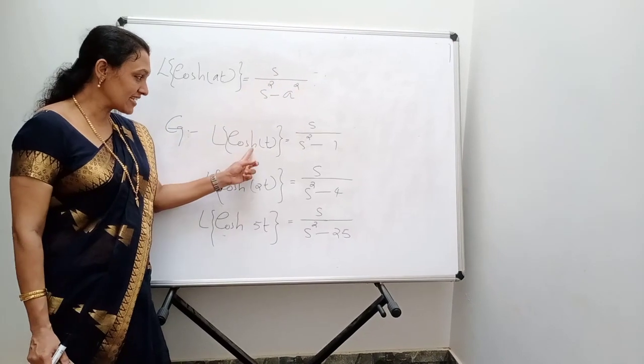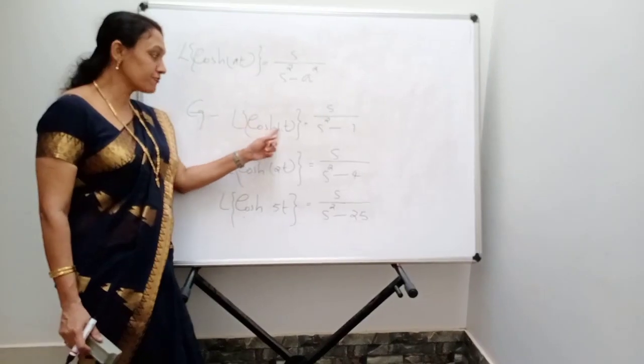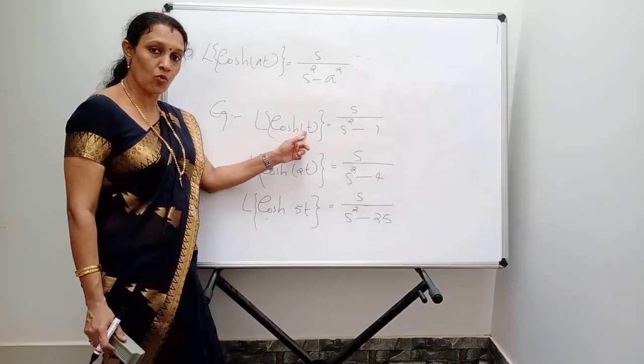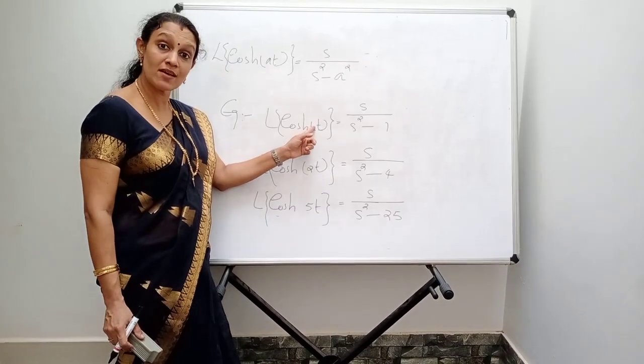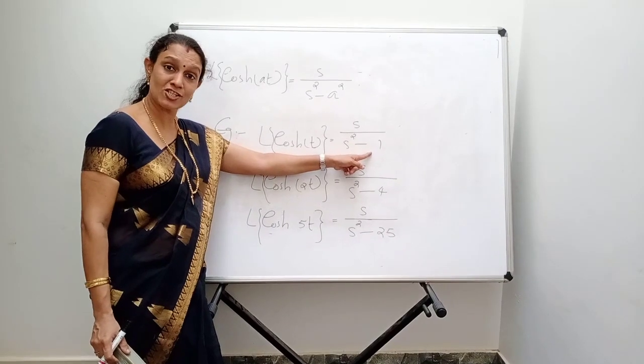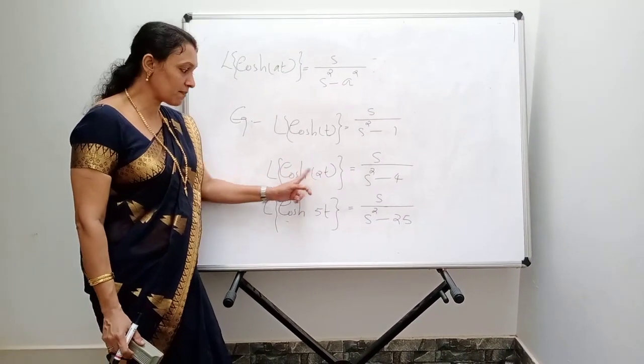Now here we are calculating the Laplace transform of cos h t. Here the coefficient of t is 1. Therefore the a value will be 1. Okay. So s divided by s square minus 1 square, that means 1. L of cos h 2t, what is the Laplace transform?